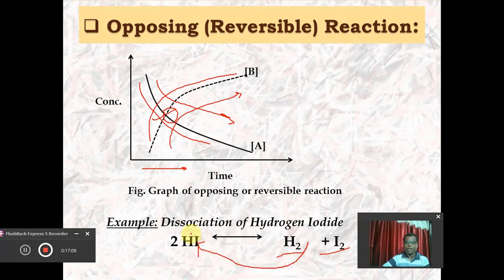That's why this is a reversible reaction.